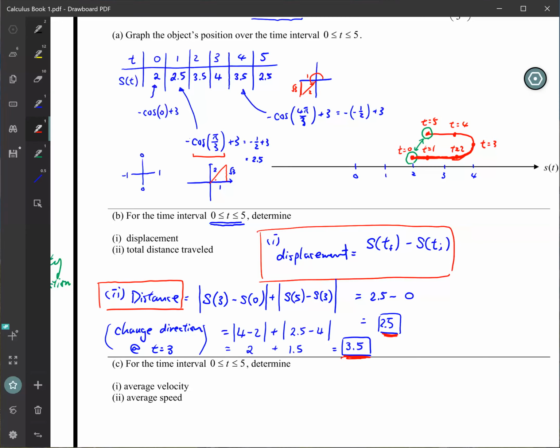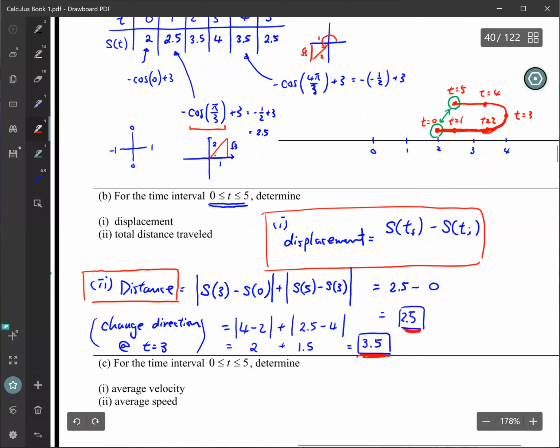Wait, Jason, why is the initial 0 for displacement? Which part? Wait, yeah, isn't displacement 0.5? Sorry, I wrote down 0.5. 5 minus 2 is 0.5. Where are you looking at?